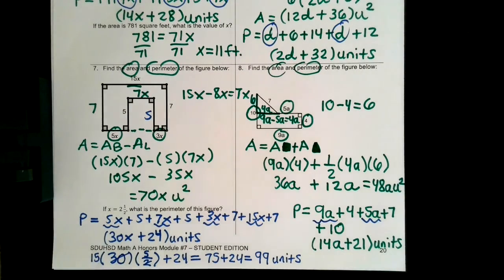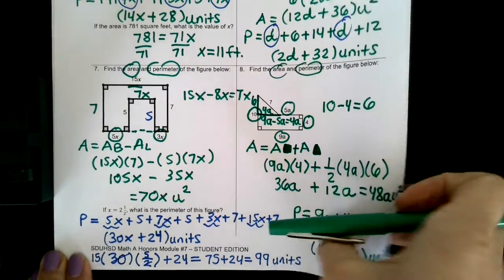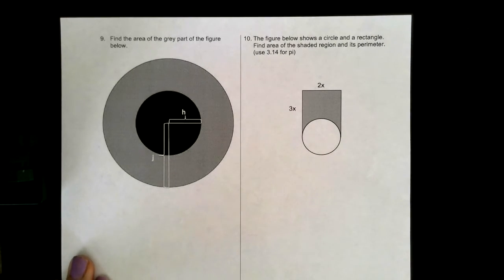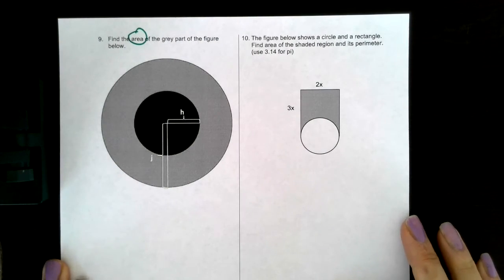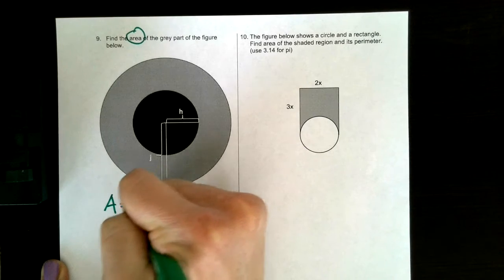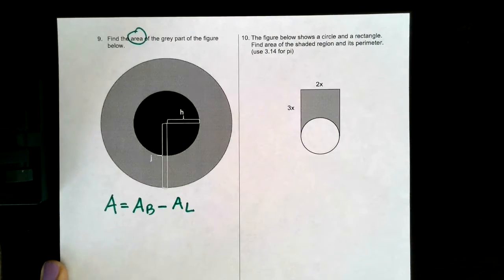All right, we're going on to our last page, page 21. On problem number 9, it says find the area of the gray part of the figure below. I'm going to use method 1, where we do the area of the bigger circle and subtract the area of the little circle.